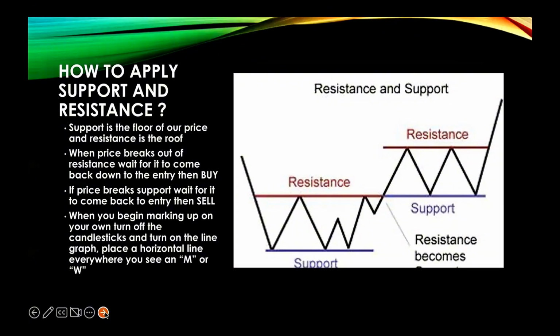So once it came down to retest, you would enter the trade. And this just works both ways. In this case, we are looking to buy because price broke above. It came back to our blue support line, it retested, and then it bounced back off. So if you guys are wondering, how do you know when to enter the trade?